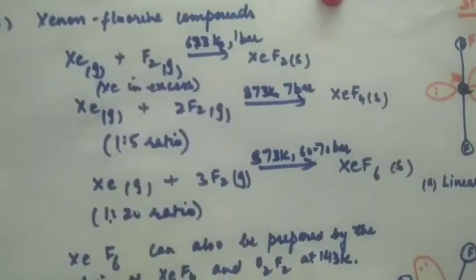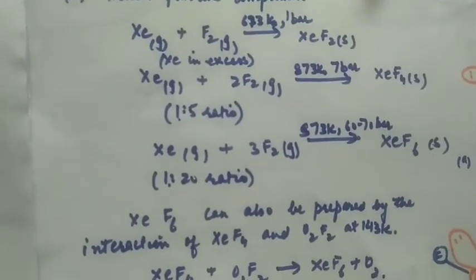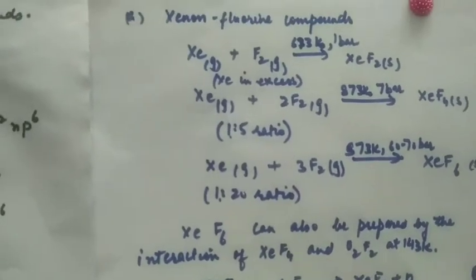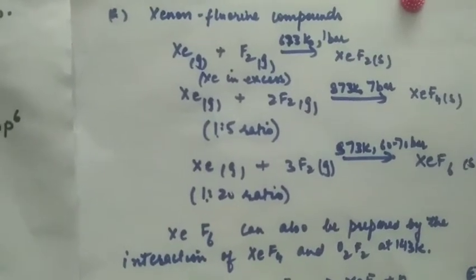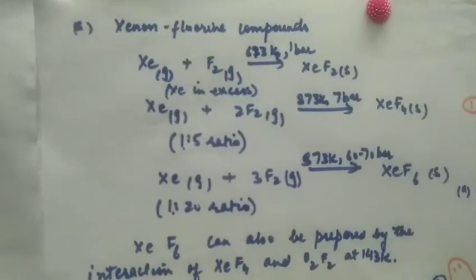Xenon fluoride compounds can be formed by direct reaction between xenon and fluorine. When xenon is in excess, xenon difluoride is formed at a temperature of 673 Kelvin and pressure of 1 bar.